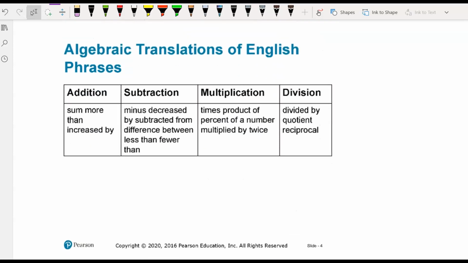All right, algebraic translations of English phrases. Addition is sum, more than, or increased by. Subtraction is minus, decreased by, subtracted from, difference between, less than, and fewer than.